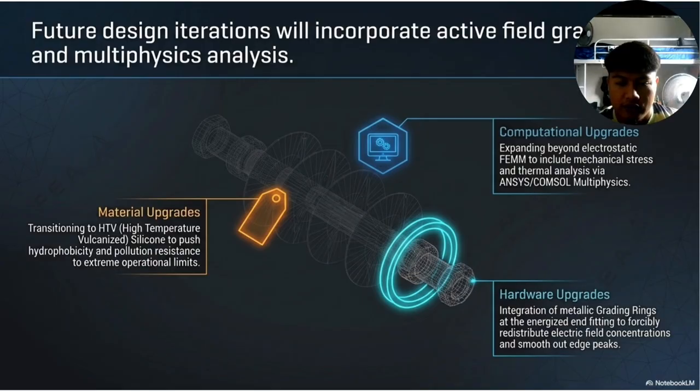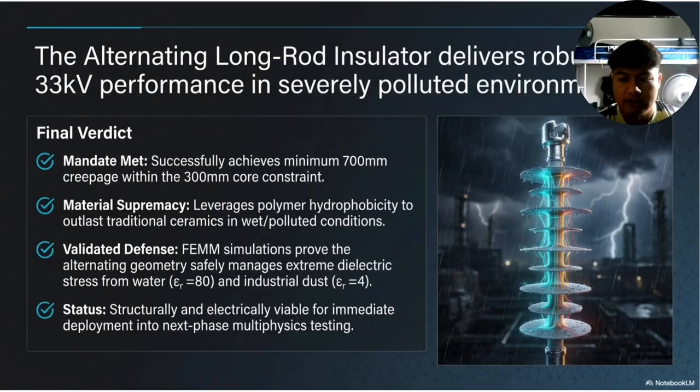And for the conclusion, this project successfully designed and evaluated a 33 kV overhead line insulator for polluted environments. The selected alternating multi-shed design achieved the required creepage distance and demonstrated good electrical performance under clean, dust, and water contamination conditions.